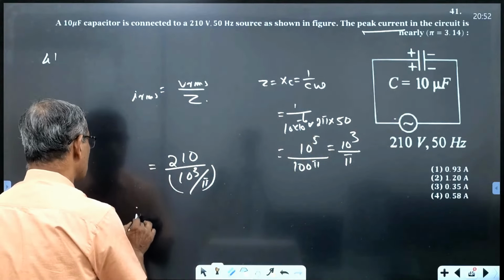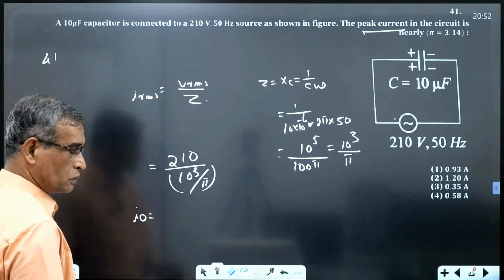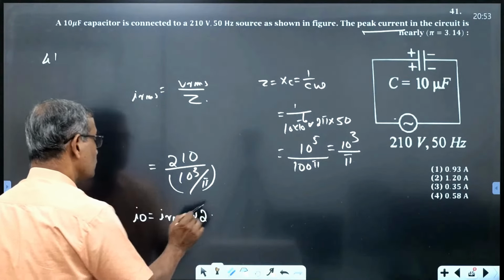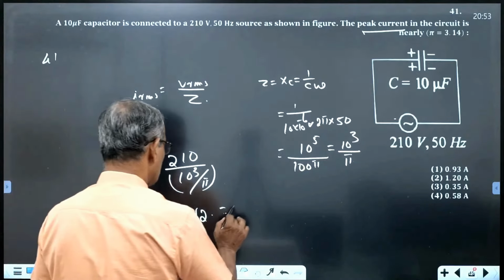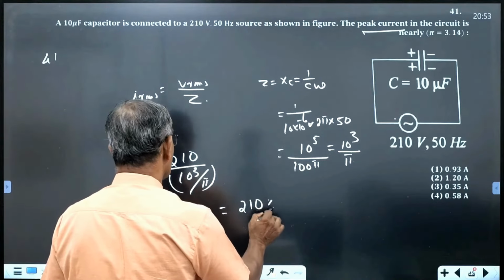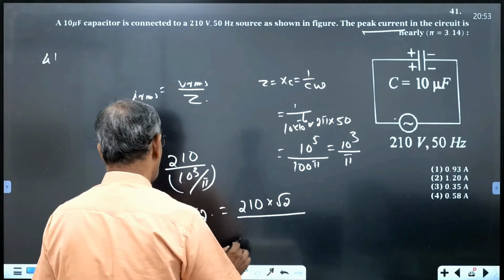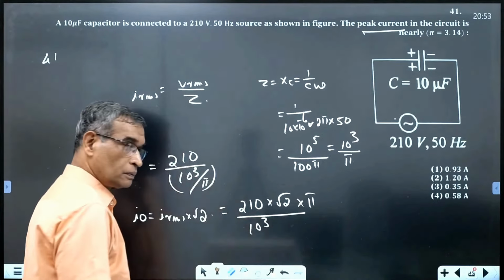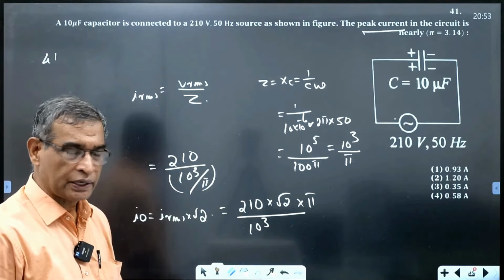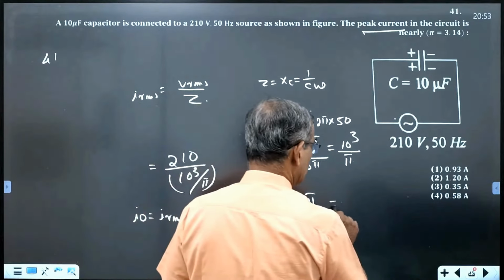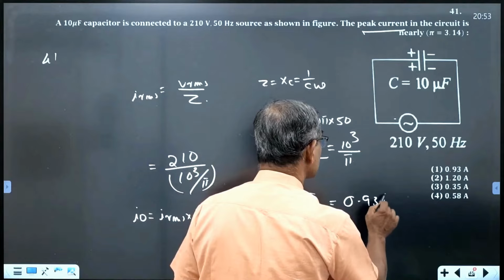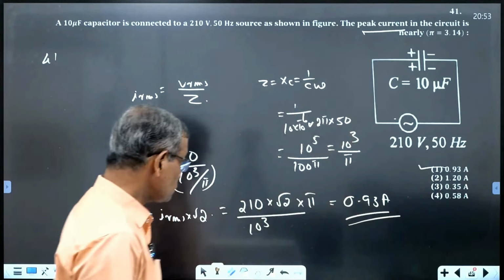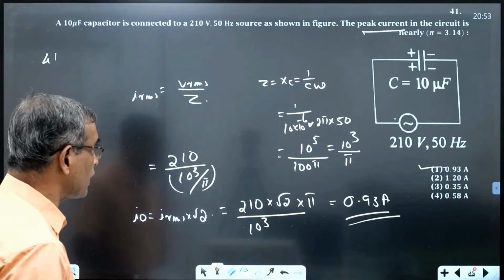Therefore, I0 is equal to I RMS into root 2, which is equal to 210 into root 2 by 10 raised to 3 into pi. Numerical calculation is needed, and this value is equal to 0.93. So the option is 1. Doing this, you get the answer.